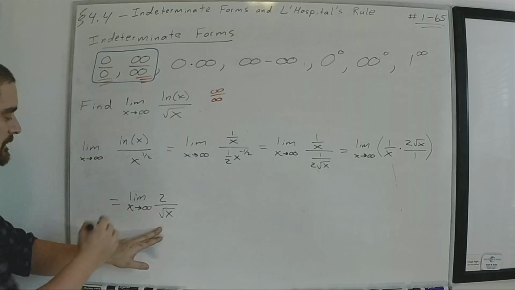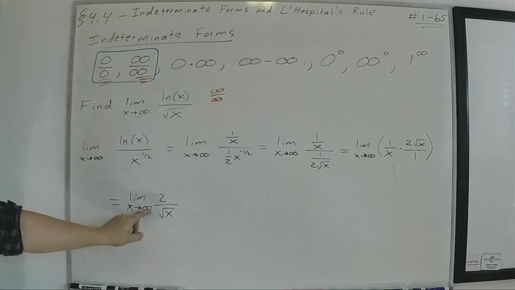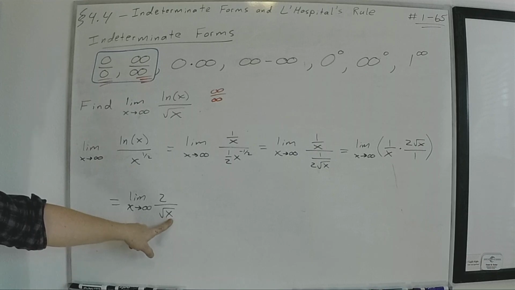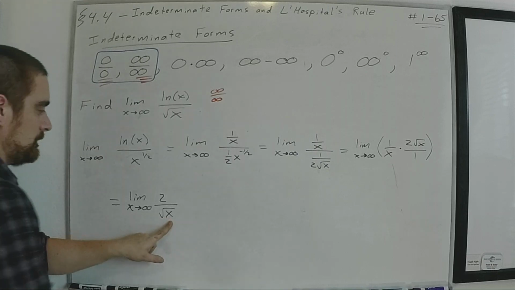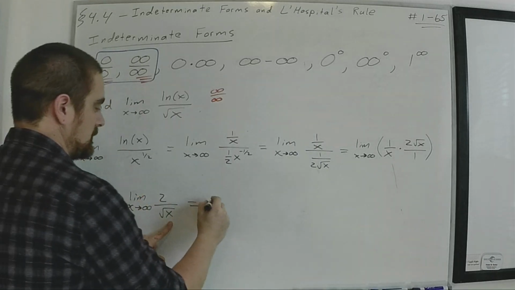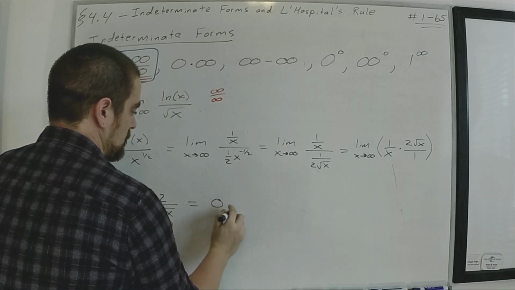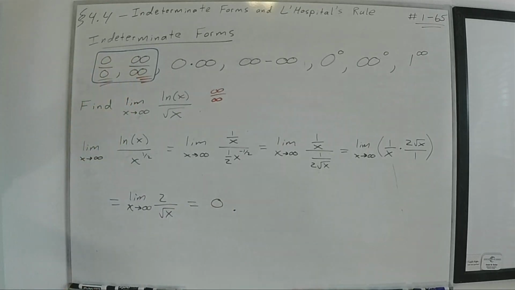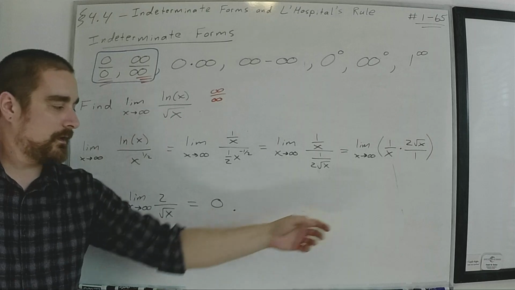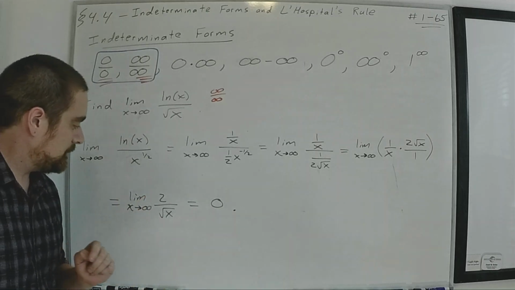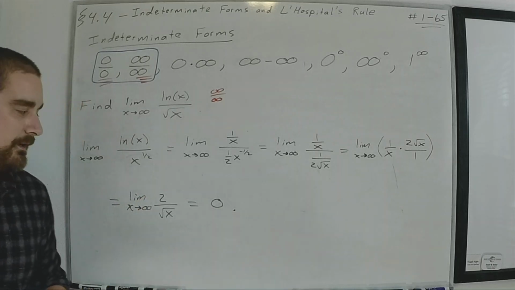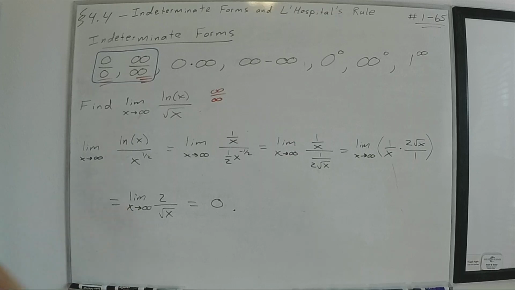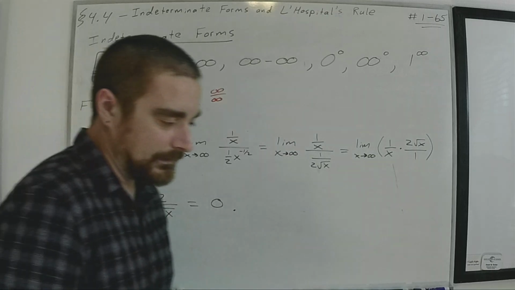Right, that's an infinity. Meaning that denominator is going to get as large as it wants, and the numerator is stuck. So this is just going to go to 0. The denominator keeps growing, and the numerator stays the same. So I'm getting a smaller and smaller number as I get larger and larger in terms of x. So that limit must be 0.